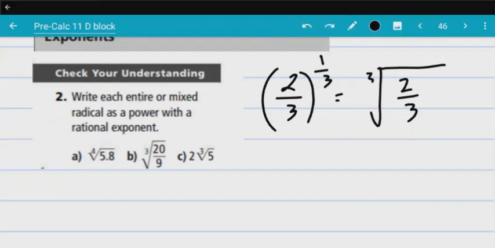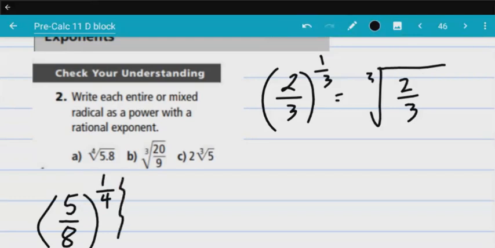So here, the radicand is 5 over 8, so that's still going to be the base. Now, notice that this cube is the denominator of the exponent. So that means this one becomes this. And then it is understood that there is an exponent of 1 here, which becomes your numerator. Okay, next one.